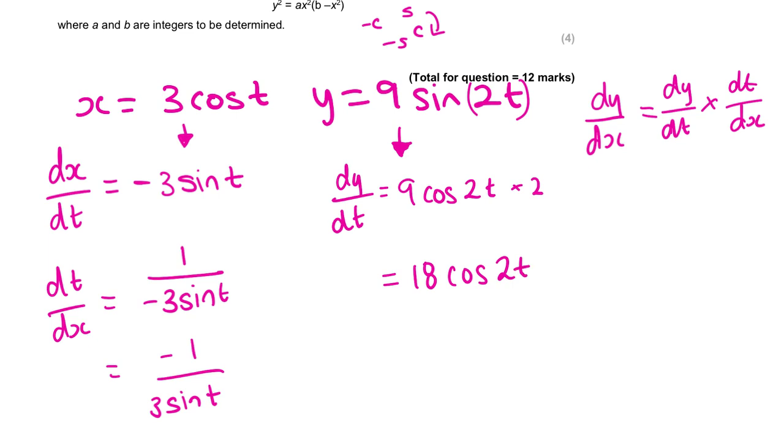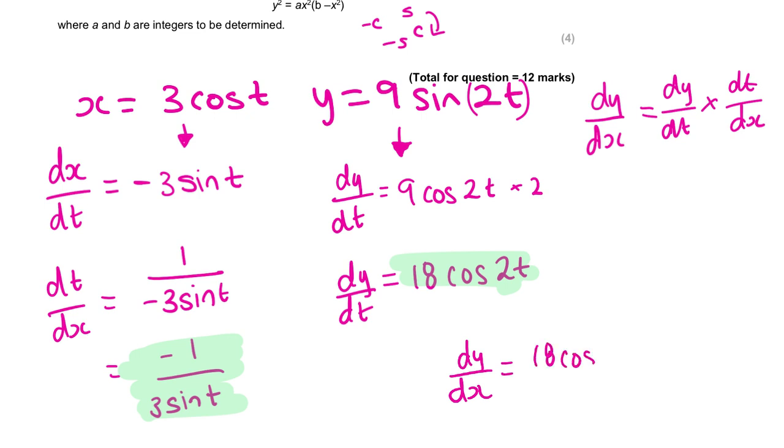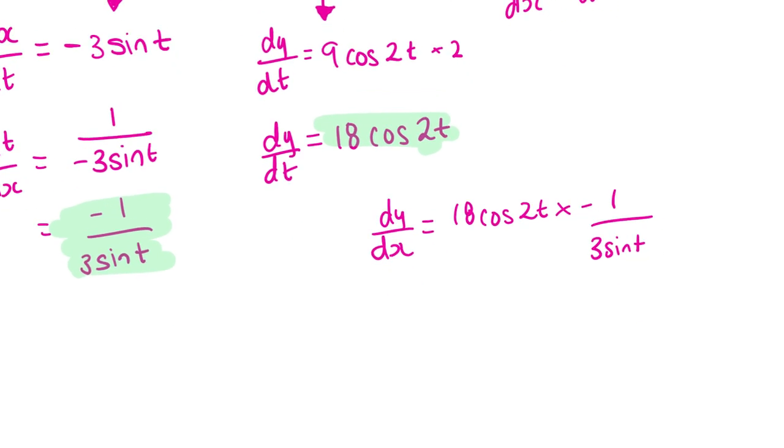Now, to find dy by dx, I'm going to multiply dy by dt by dt by dx. So that means dy by dx equals 18 cos 2t times negative 1 over 3 sine t.